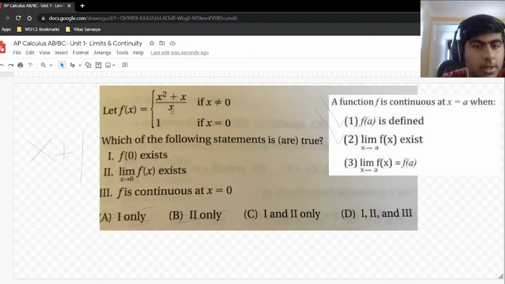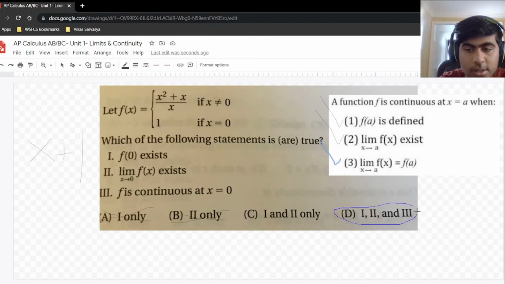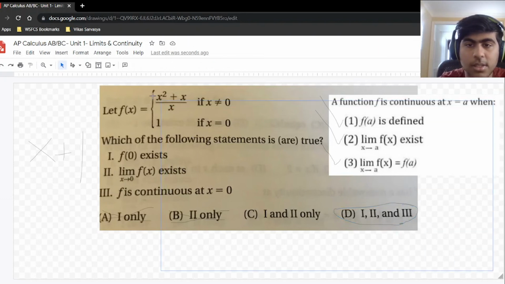The limit is 1. F of 0 is also 1, right? If x equals 0, it's 1. 1 equals 1, so that means that the limit and the value are equal. The third criteria is satisfied, so this is continuous. So all three of these conditions are true, and the answer is D. That was a good application of continuity.